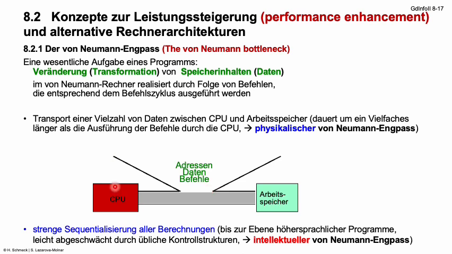So no matter how fast the CPU is, if the data transfer speed is not good enough, then the processor is idle for a certain amount of time while the memory needs to be accessed. So this is a bottleneck.